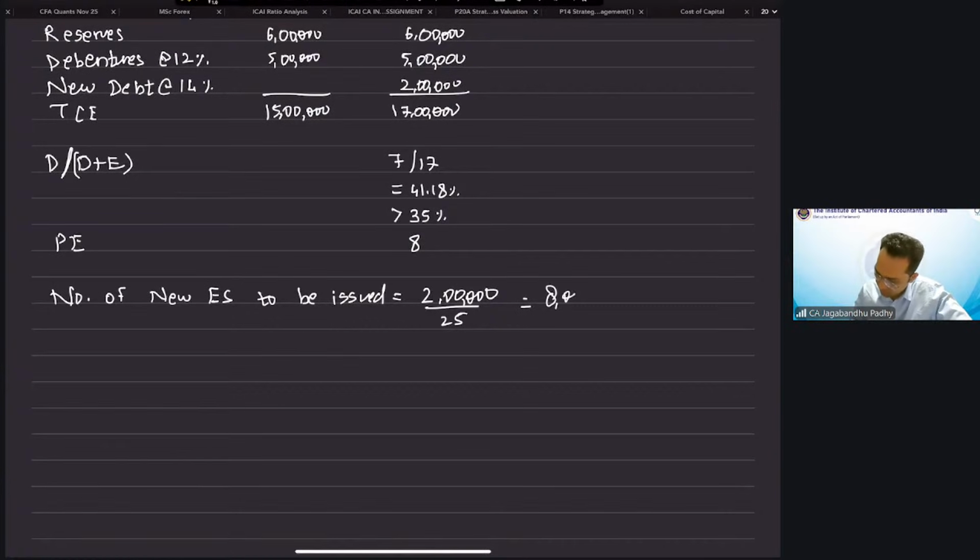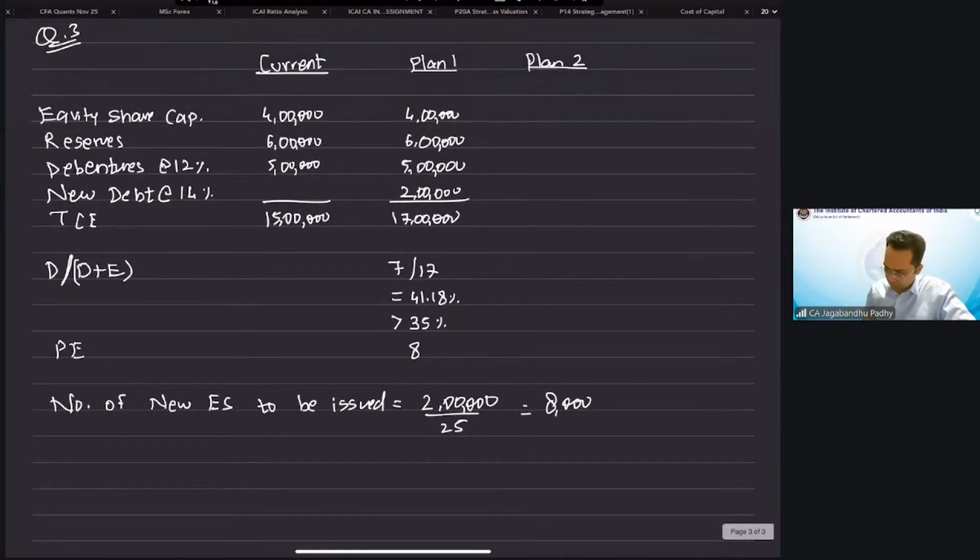That's going to be 8,000. 8,000 being the number of equity shares. So the new capital is going to be like 4 lakh plus 8,000 into 10. So the new share capital will be 4 lakh 80,000.